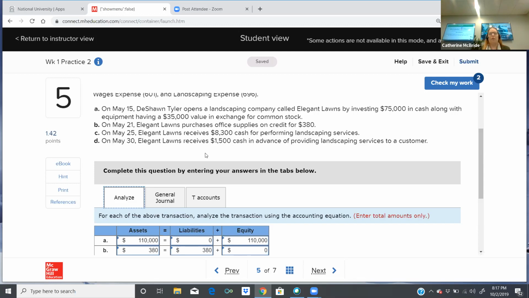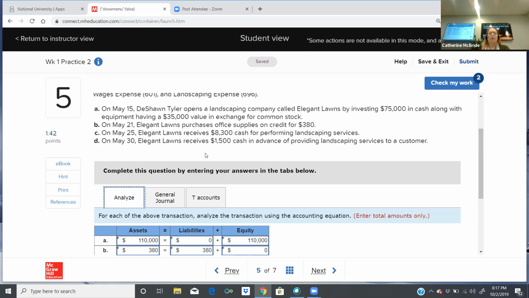Yep, it increased. We have $8,300 more cash now than we did before. What about our service revenue? Did our service revenue increase or decrease? Yeah, it also increased. We have more revenue now than before. So we increased our service revenue.